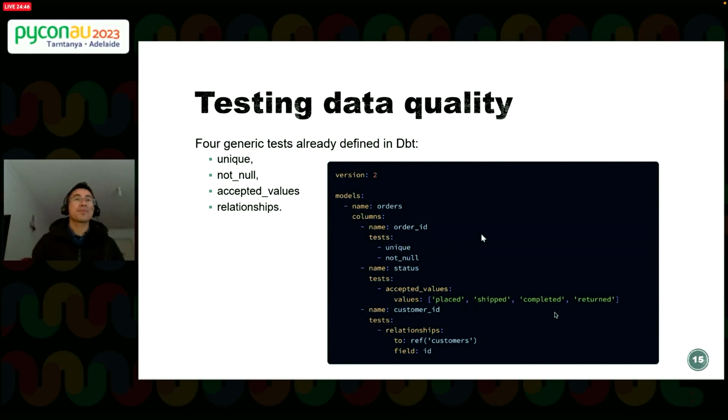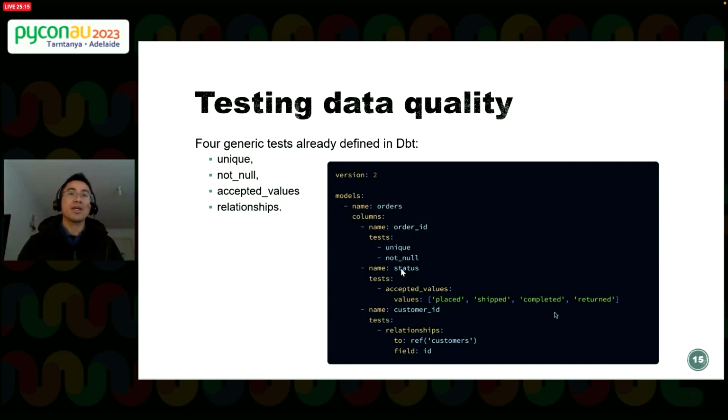The first basic option in dbt is that it ships with four generic tests: unique, not null, accepted values, and relationships. Here is one example of how to write the test. The model here is the orders table, and we have a column named order ID, which needs to be unique and not null as the primary key.